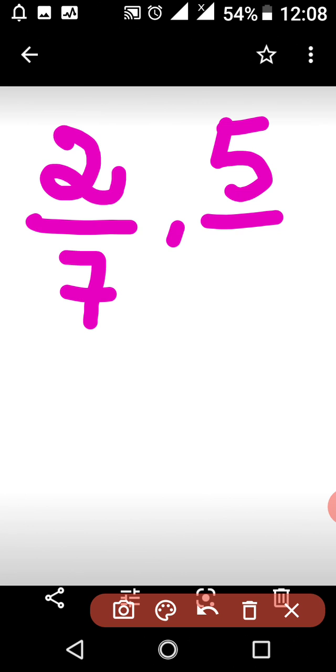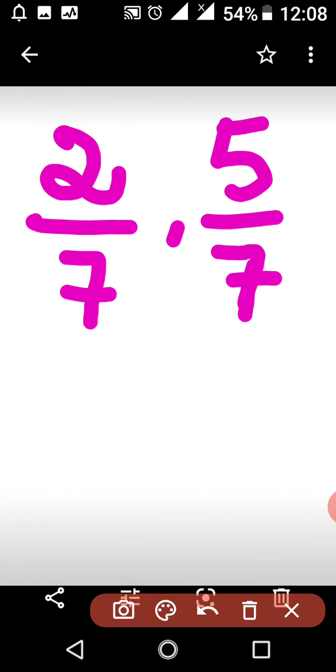Let us compare the fractions 2 by 7 and 5 by 7. These are the two fractions.